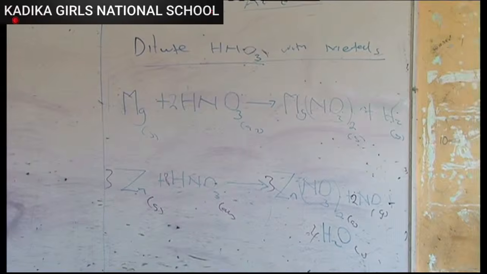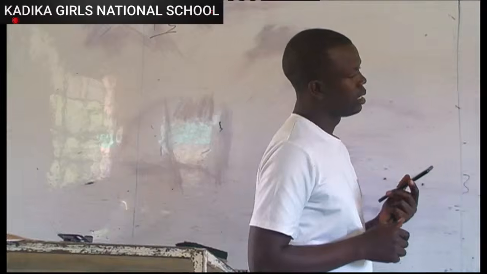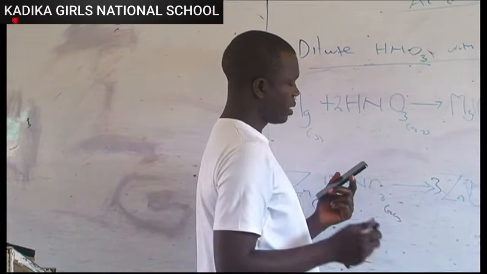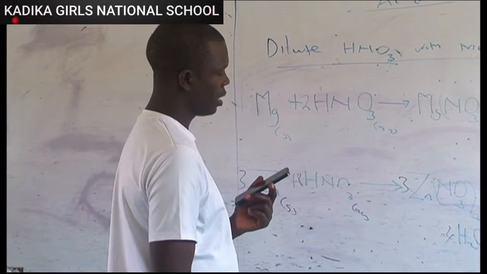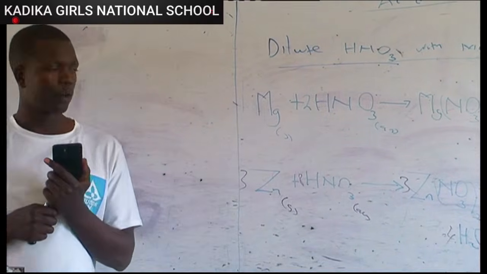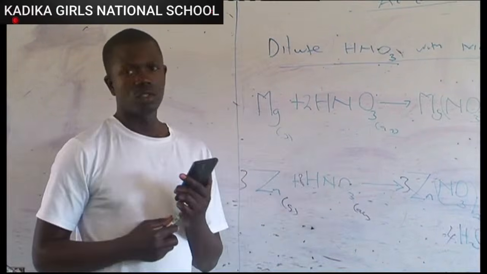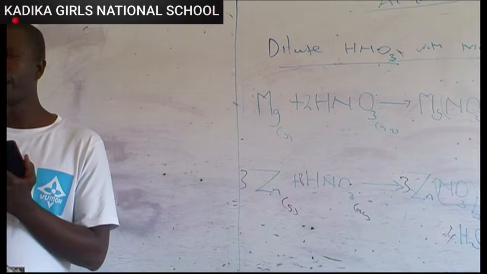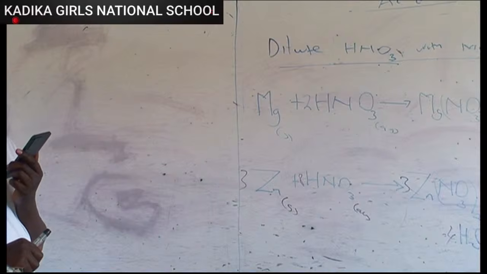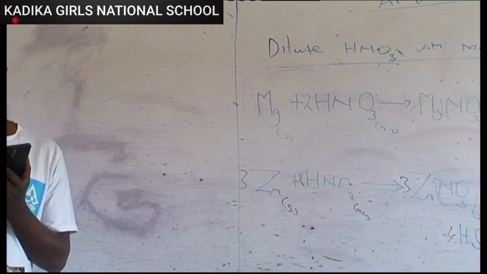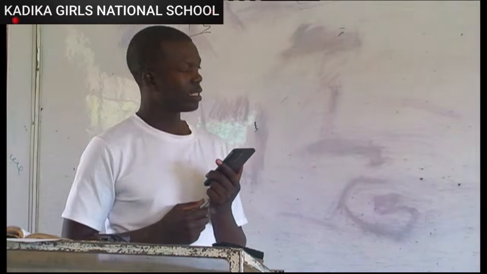So I wanted us to agree that it's a colorless gas. Wherever it is formed, remember it is a colorless gas, but it is readily oxidized in air to form a red-brown fume of nitrogen 4 oxide. So that acid, this is nitric 5 acid here.